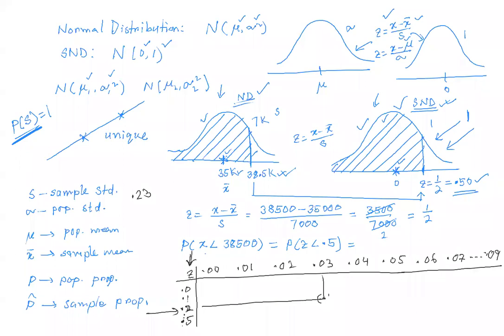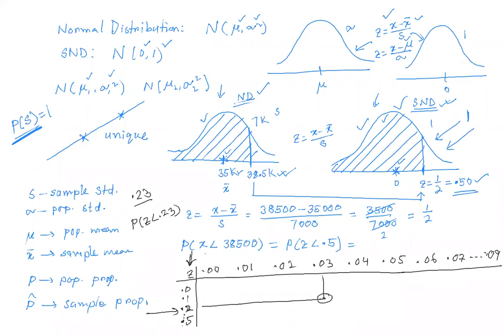So the value at the intersection of this row and column is the probability for that z value. That means for 0.23, that's going to be the probability that z is less than 0.23. And remember, it always gives you area to the left.